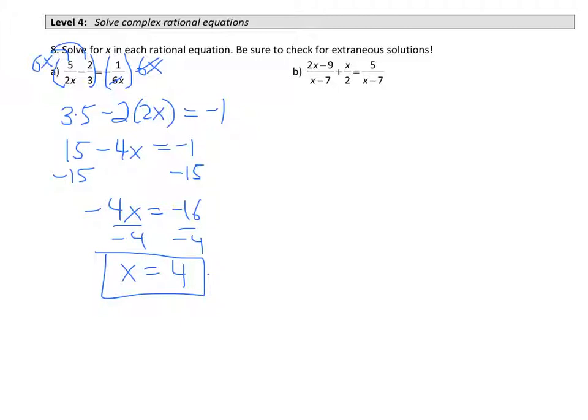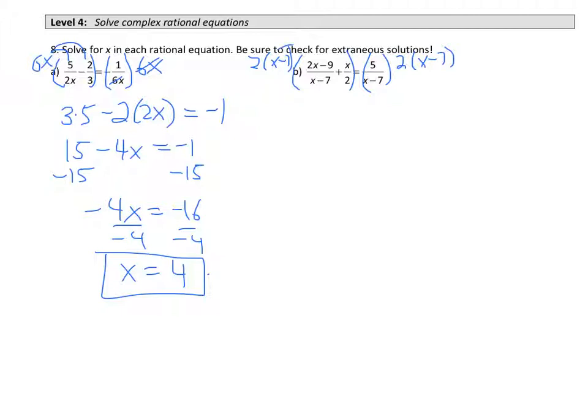For this second example, the least common multiple would be, we have x minus 7 in two of the fractions and a 2 in another one. So I'm going to multiply both sides by 2 times x minus 7. And that will take care of everything that needs to cancel out.